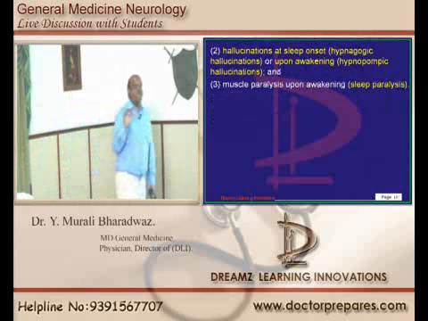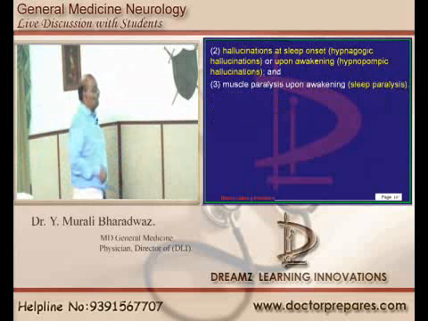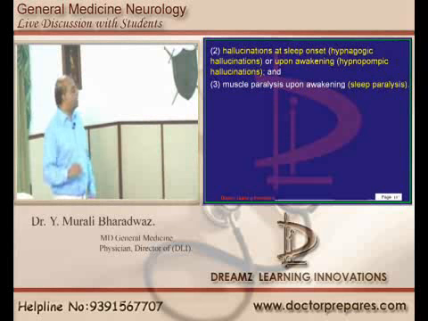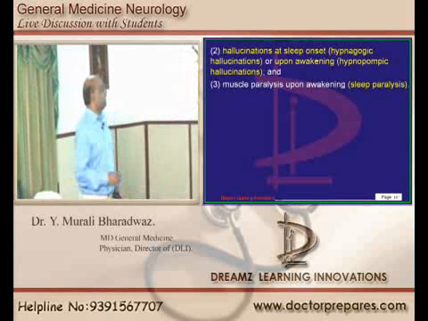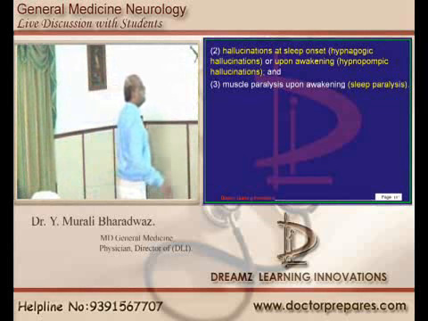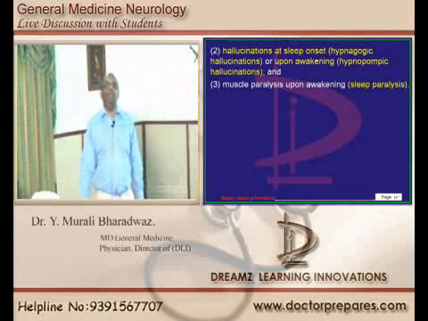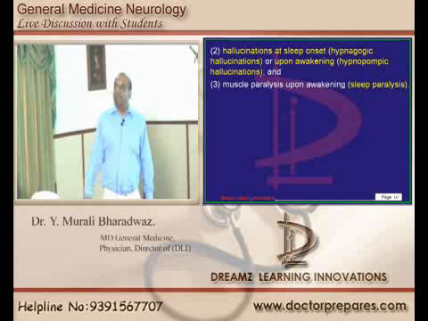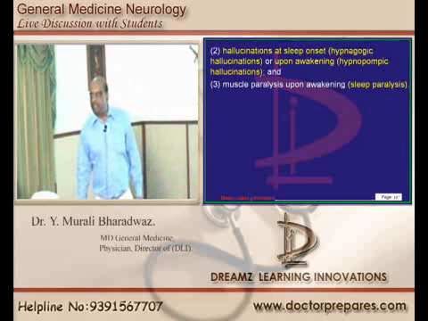Then hypnagogic hallucinations or hypnopompic hallucinations. What does it mean? At the onset of the sleep or after waking up from the sleep, there is a development of hallucinations, and there is a muscle paralysis after awakening. That is, the patient will wake up, he will be understanding what is going on around him, but he is unable to lift his muscles because they are still in the relaxed state.